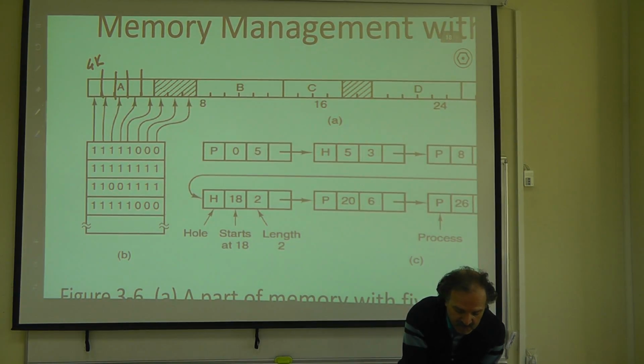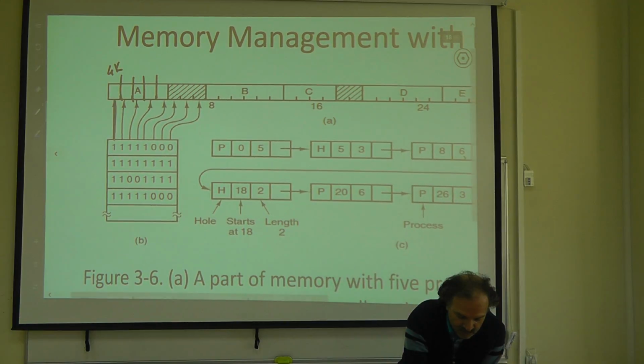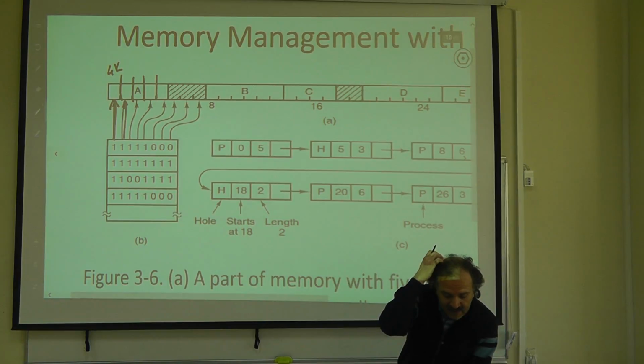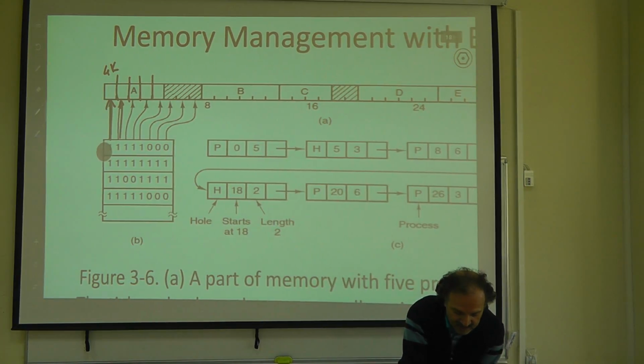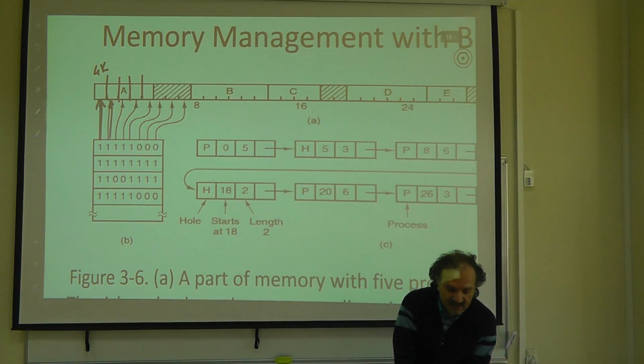Each bit here indicates whether this segment is occupied or not. It goes like that. If the bit is 1, then this part is used by some process. If it is 0, then it is not used by some process.